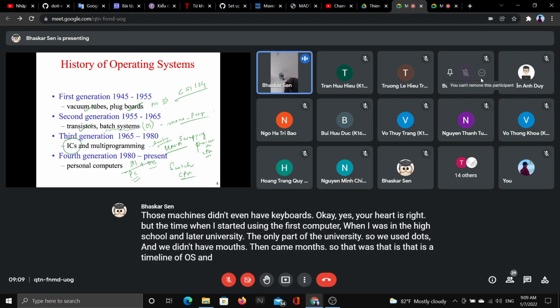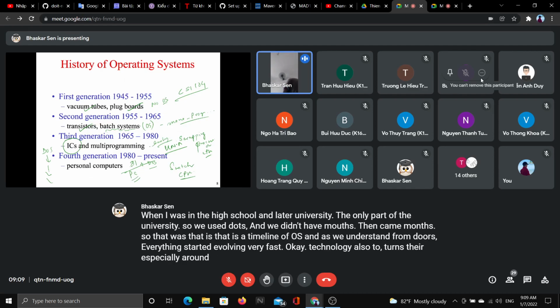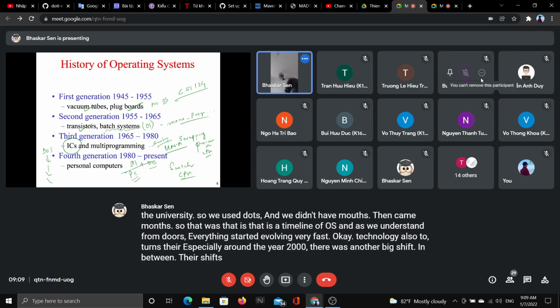And as we understand from DOS, everything started evolving very fast. Technology also took turns here and there, especially around the year 2000, when there was another big shift. And in between, there were shifts everywhere. And also, the devices were changing.